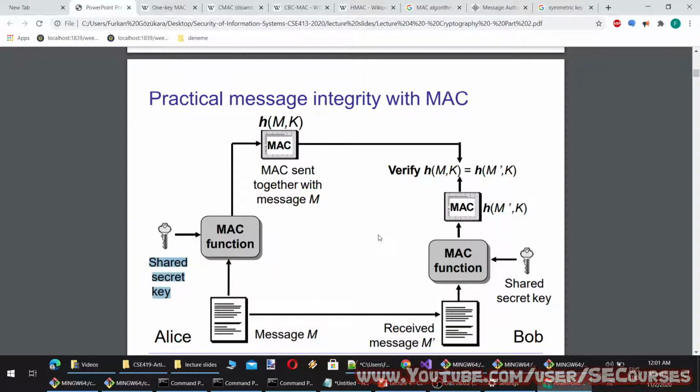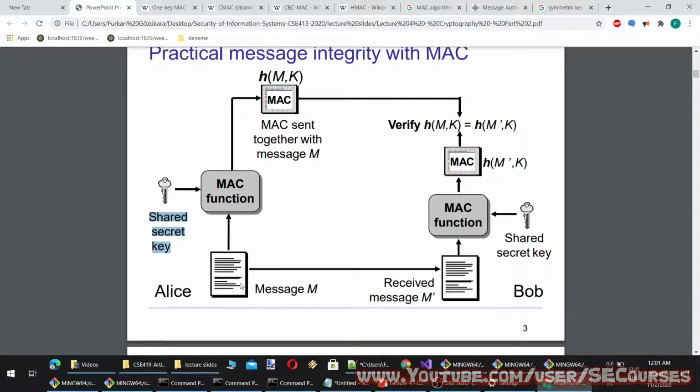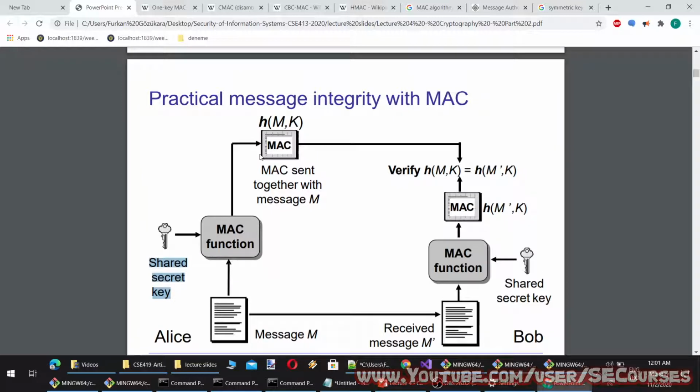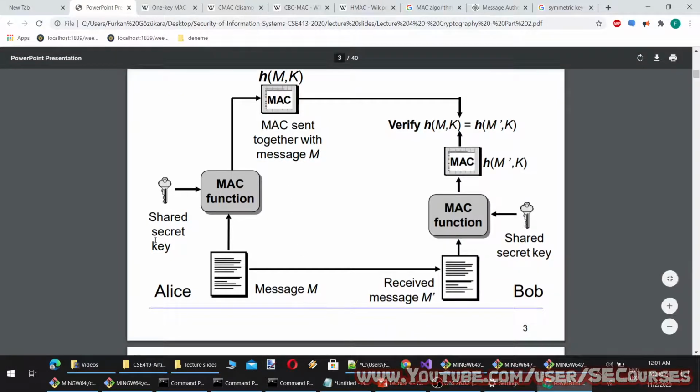This is an assumption, a rule for the MAC algorithm to work. Then Alice puts her message into the MAC function with this shared secret key, which calculates the MAC code. Then with the MAC code and the message together, Alice sends them to Bob.